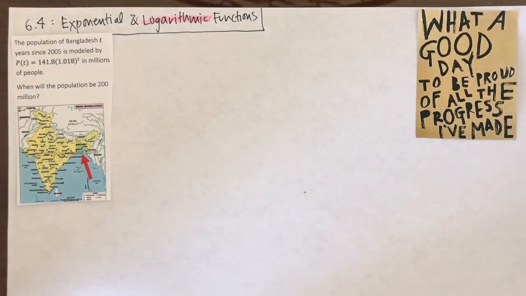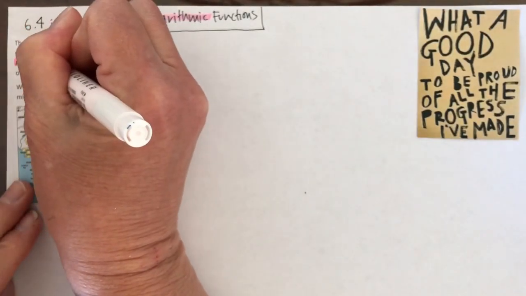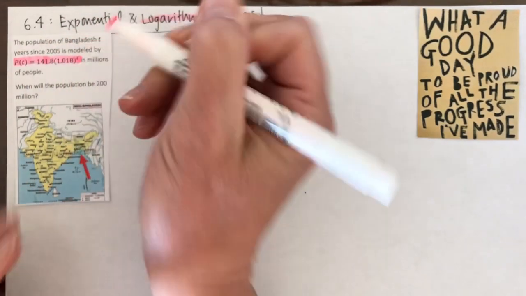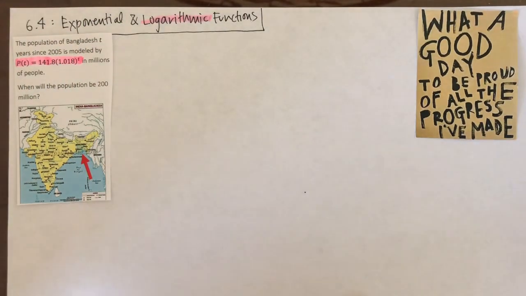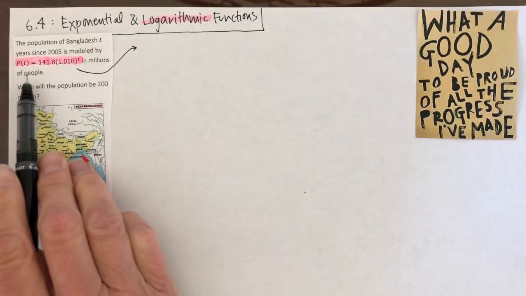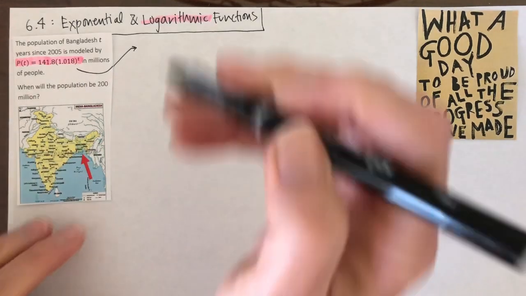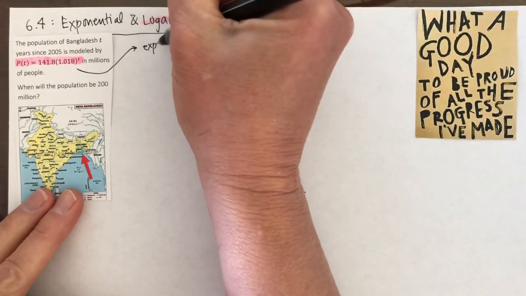Okay, so this population function looks like something that we're familiar with. Think about what kind of function this is. With the variable in the exponent, it is an exponential function.